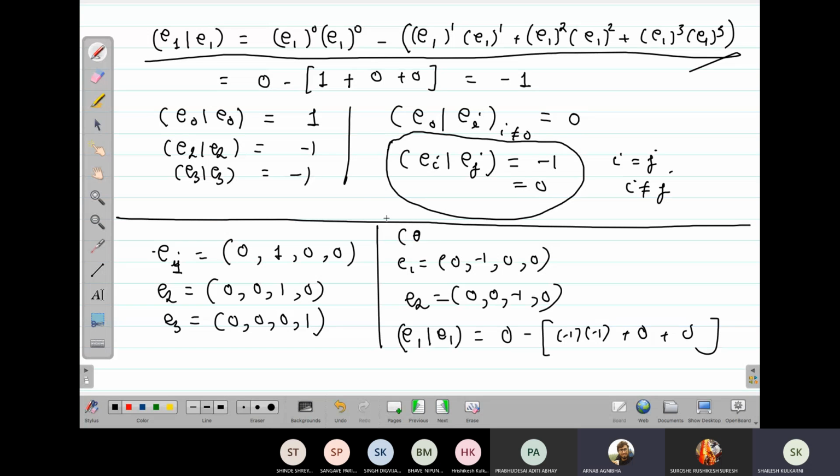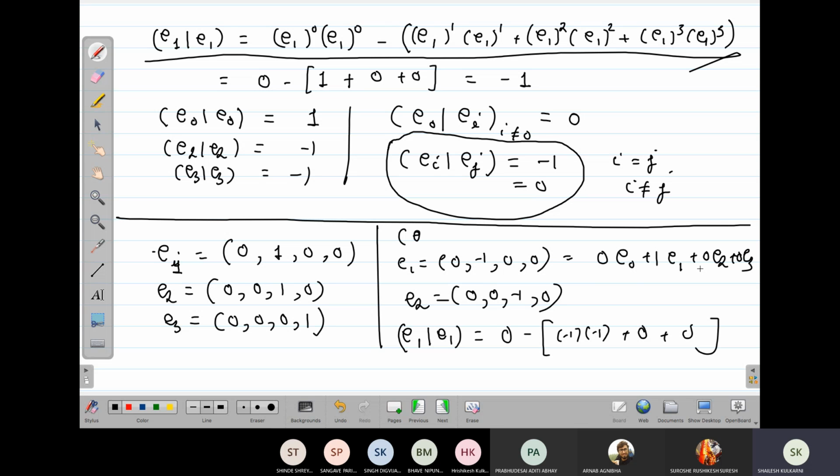E1 1, what does it mean? When I write E1 0, it is the zeroth component of this vector. I can write this vector E1 as a linear combination of E0, E1, E2, E3: 0 E0 plus 1 E1 plus 0 E2 plus 0 E3.